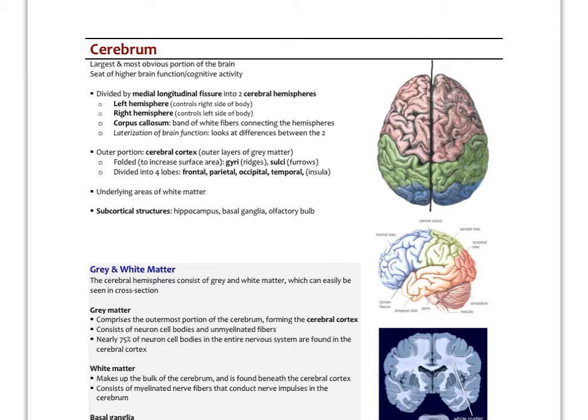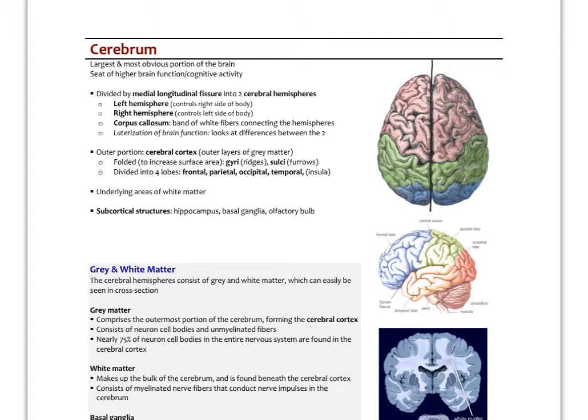So the left hemisphere is where the motor impulses that regulate the right side of the body muscles, and then vice versa on the right. All the sensory information from the right side of the body, especially conscious sensory information, is coming up and it's mapped into the left hemisphere and vice versa. The two hemispheres are connected via a band of fibers called the corpus callosum.